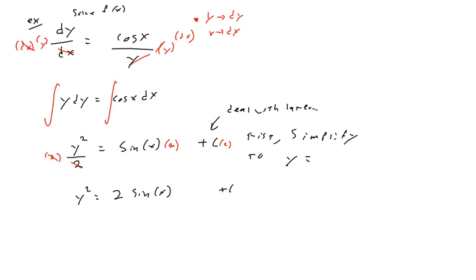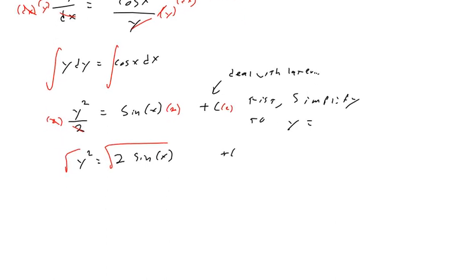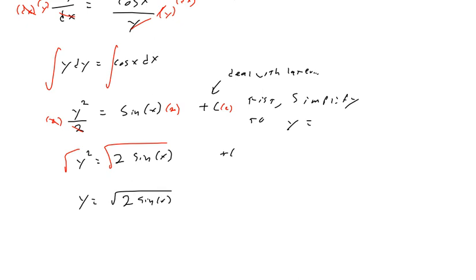So multiply both sides by 2, and then y squared, got a square root. And again, square root of c doesn't really matter. It's just going to be a c, right? So this is going to be y equals square root of 2 sine of x plus c. There's your equation. I guess we could say plus minus here. Might be important.